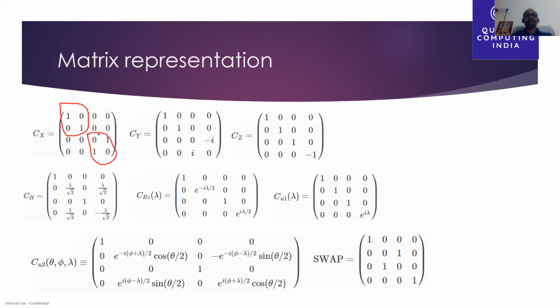That's why this operation is converted into a 4 by 4 matrix by filling in 0, 0, 0, 0. But for CX, it is only the x-axis rotated. For CY, this i and minus i represent the rotation operation around the y-axis. Then this -1 represents the rotation around the z-axis.